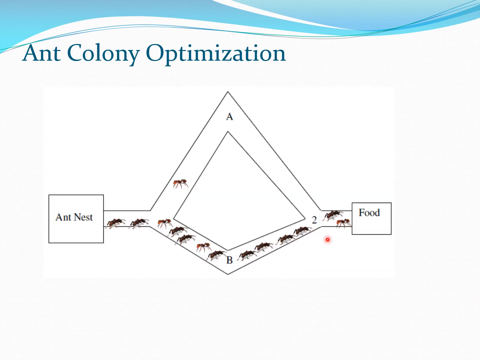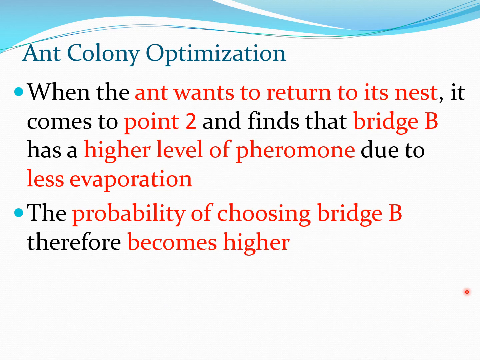And so more traffic will start happening on this shorter path, and therefore the pheromone trail on this path will be more substantial compared to on this path. Also, the pheromone trail here will keep vanishing because less number of ants are traversing that particular path.